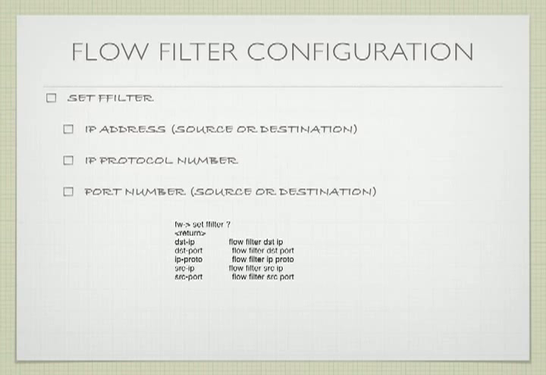You can see here the options you can set with the question mark command here. You would have the destination IP address, the destination port, the IP protocol, the source IP address, or the source port. So these are all configurable in a flow filter in order to narrow down what you actually put into that debug buffer.